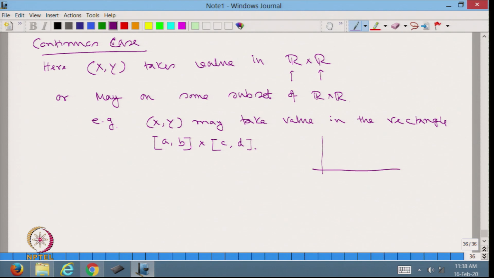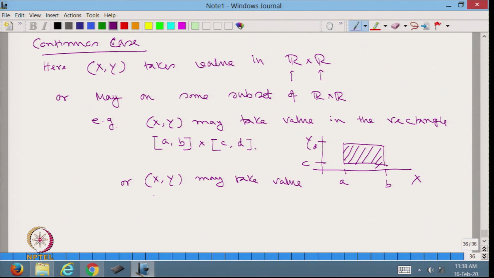That is, if this is the axis, we are looking at a rectangle of this form, and x y values will be from this rectangle, or x y may take value from, say, the unit circle.